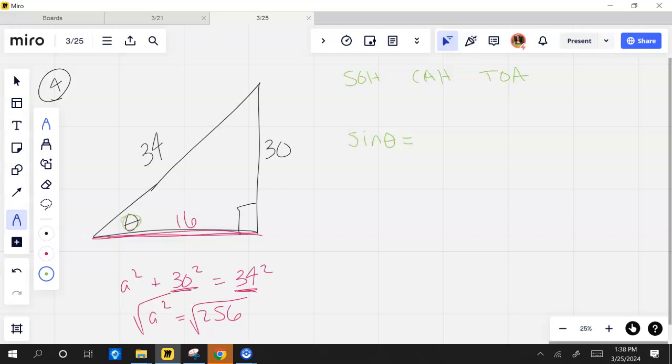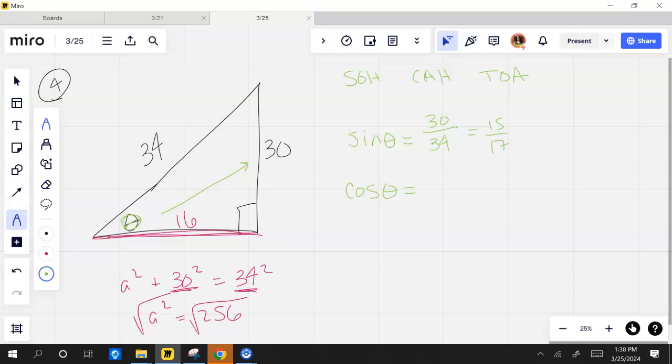So if this is my theta because it's indicated, that's the one I'm going from, okay? So my opposite is 30, and my hypotenuse is 34. So I'm just going to simplify it. 15 over 17. That's all you're doing on these, okay? Well, because I'm doing sine, cosine, tangent.